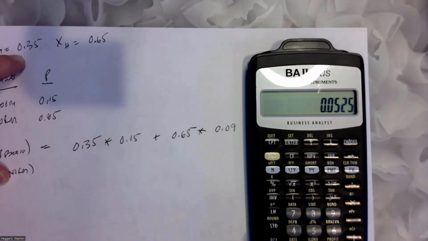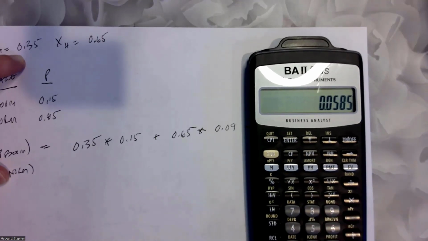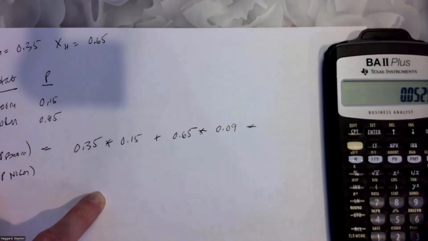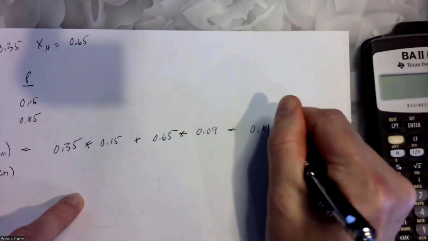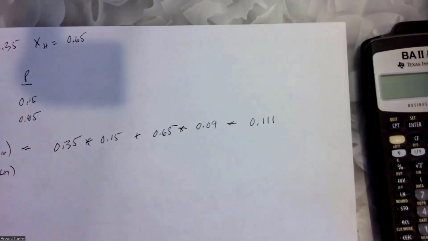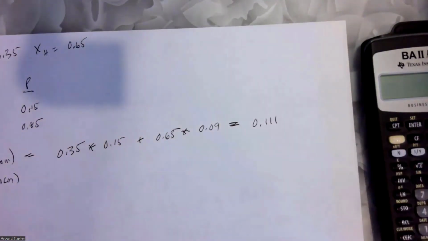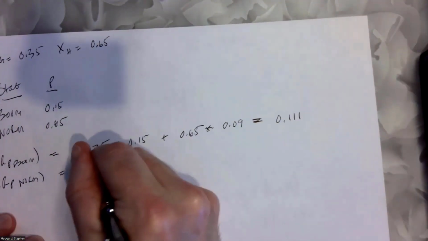I'm going to store 1. 0.65 times 0.09 equals, store 2. And then to get the expected value, I'm going to say recall 1 plus recall 2 equals. I'm getting 0.111. Is anybody else getting that number? Or anybody not getting that number? Okay, I'm going to assume it's correct then.